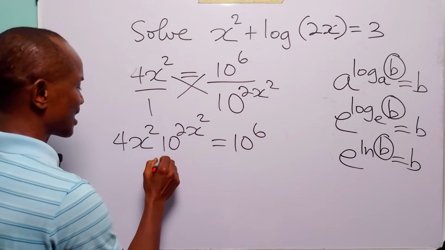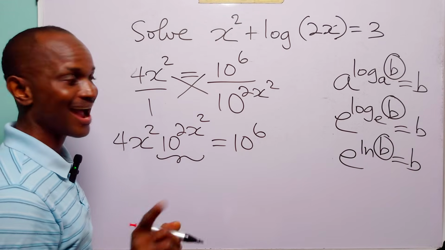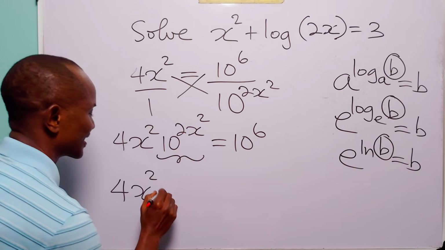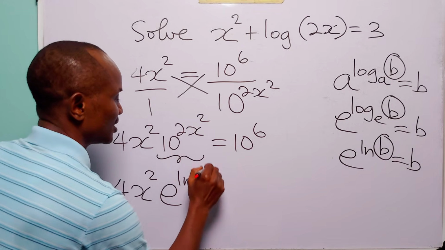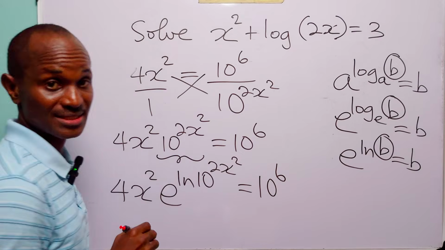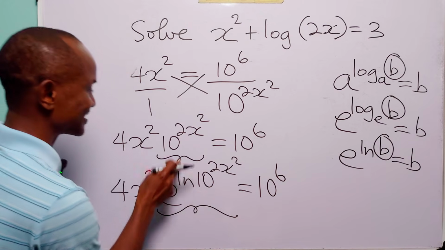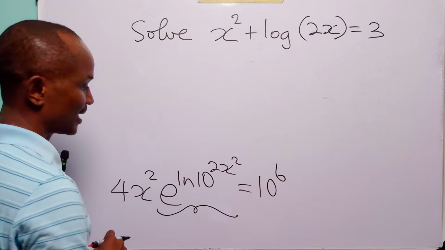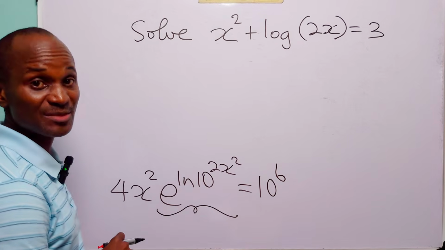So what we are going to do is rewrite this, that is 10 to the power 2x squared, as e to the power ln of 10 to the power 2x squared, and this is equal to 10 to the power 6. Because from this identity, we know that this is exactly equal to this, so we haven't changed anything in the equation. Now, once more, let us apply the power rule to this log term in the exponent.